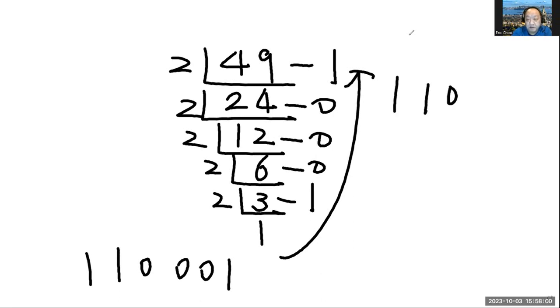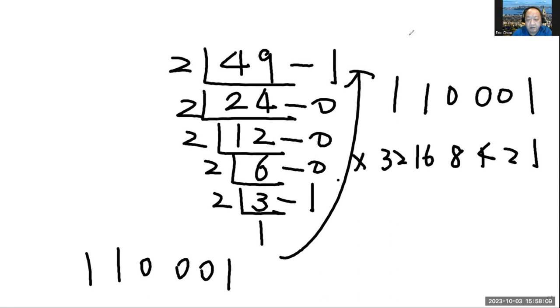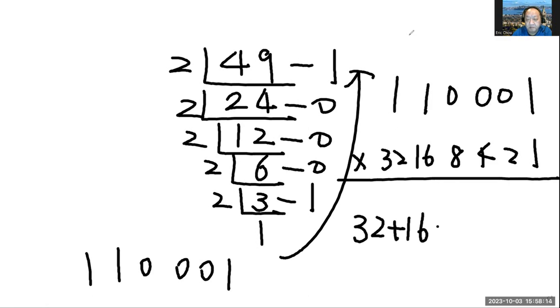With weights 1, 2, 4, 8, 16, 32, that is 32 plus 16 plus 1. You got 49. That's how you convert a decimal value to binary and then binary back to decimal.